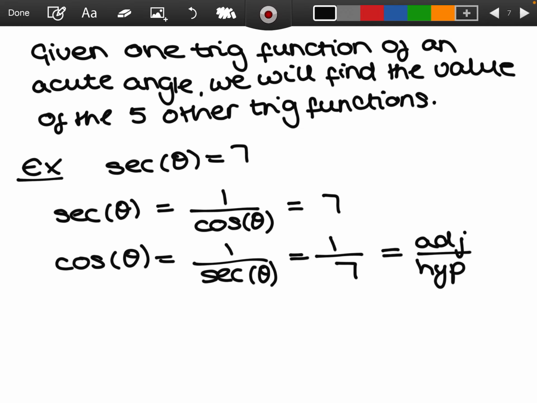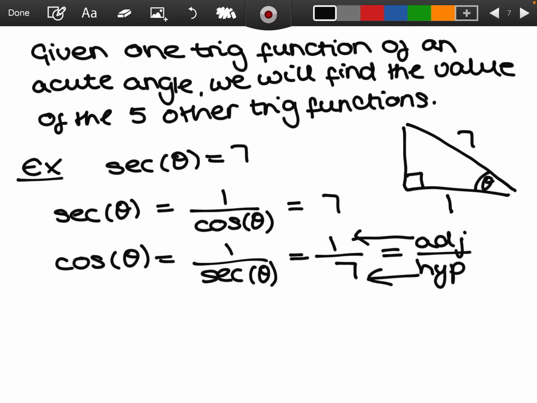So if I were to go ahead and draw a quick triangle here, I can now say, just to keep it as simple as possible, that my adjacent side has length 1 and my hypotenuse has length 7. So I've just set these equal to one another.